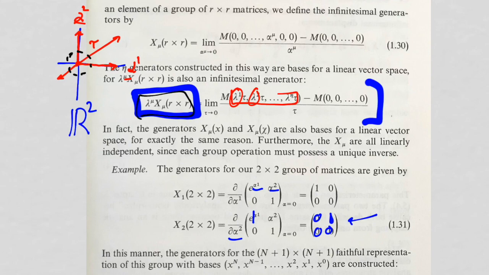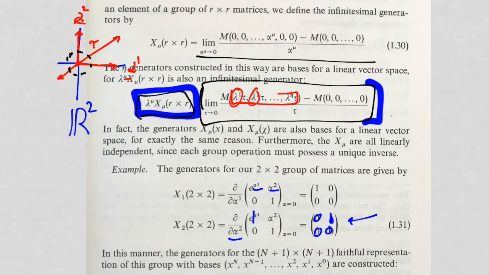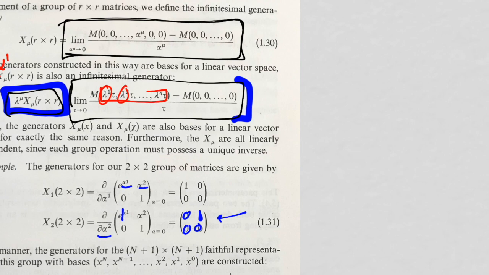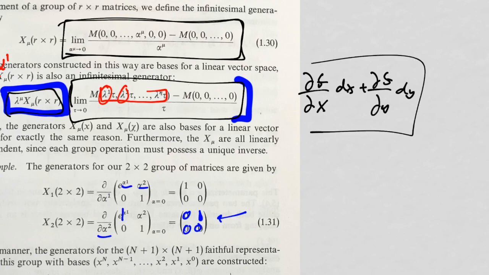And again, it's a bit of an exercise to show that this statement here is literally the linear sum of objects like this, right? And to do that, you just have to understand we're doing differentials, df/dx dx plus df/dy dy. Think in terms of this if you're going to do that proof for yourself.